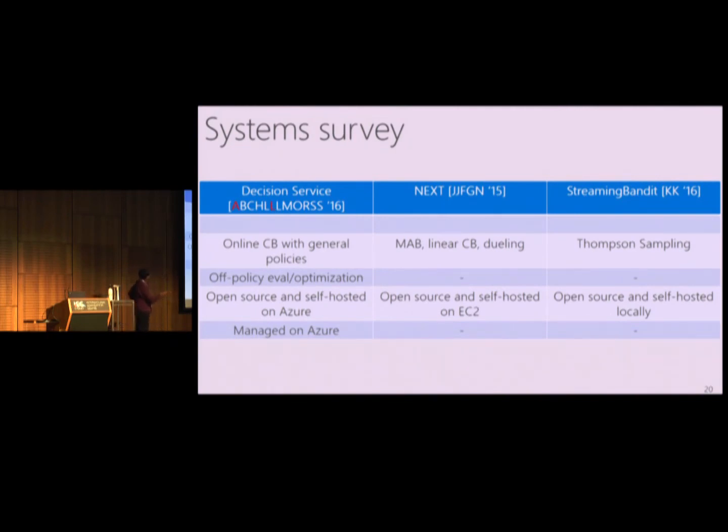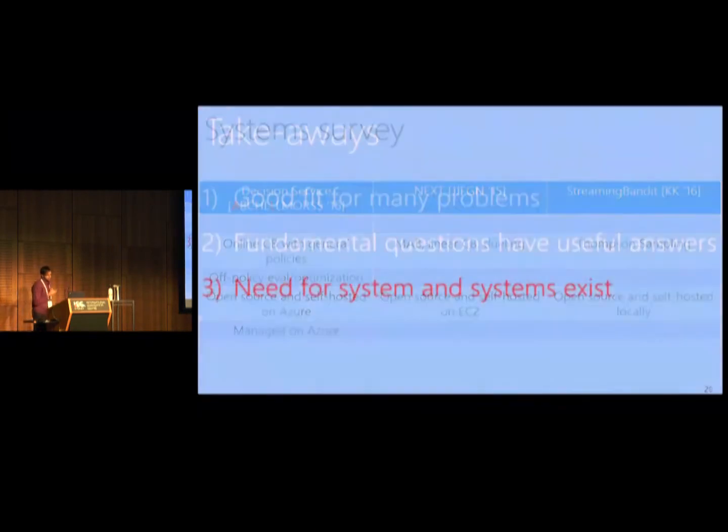As far as I know, the off-policy story is unique to Decision Service. It's not a first-class citizen in the other platforms. And the managed version is also not, to my knowledge, provided by the other services. But regardless, it's great that we have choices. Depending on the application and the infrastructure you have, one or another might make sense for you.